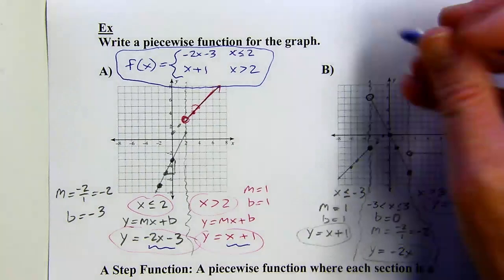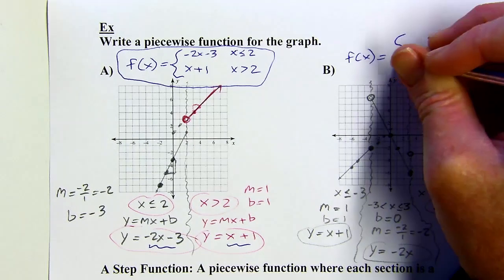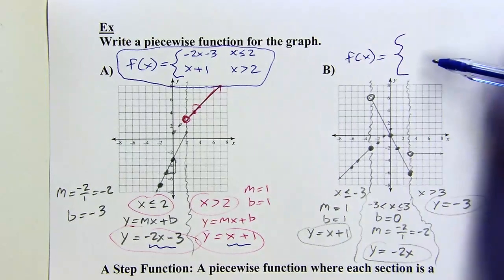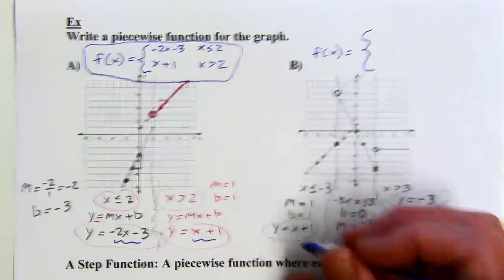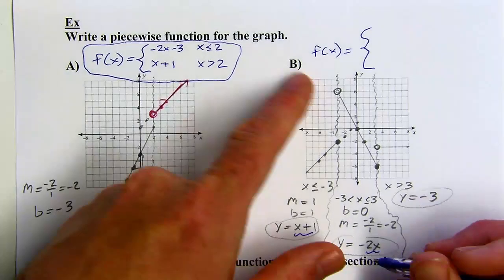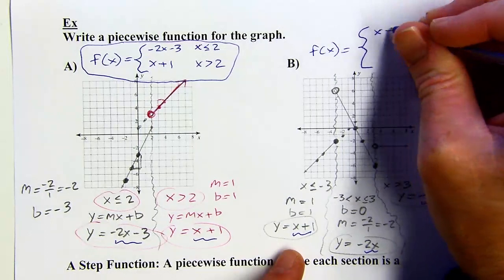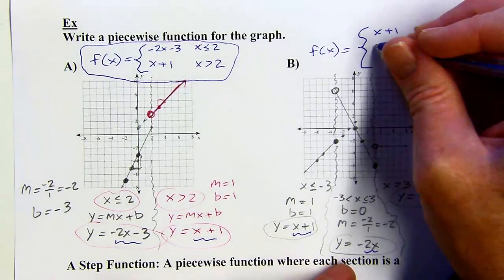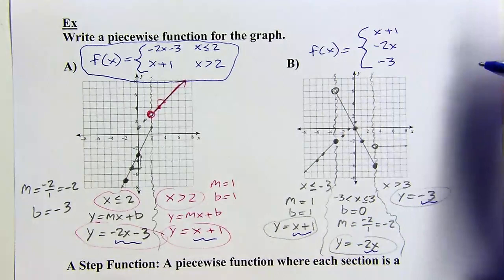So I'll write my function up here. Okay, I want to make this one a little bigger because I got 3 different equations. So I'm just going to do these from left to right, and I'm only using this piece because I already said f of x equals these 3 different things, right? So I've got x plus 1, or negative 2x, or negative 3. And then I'll put in my constraints.